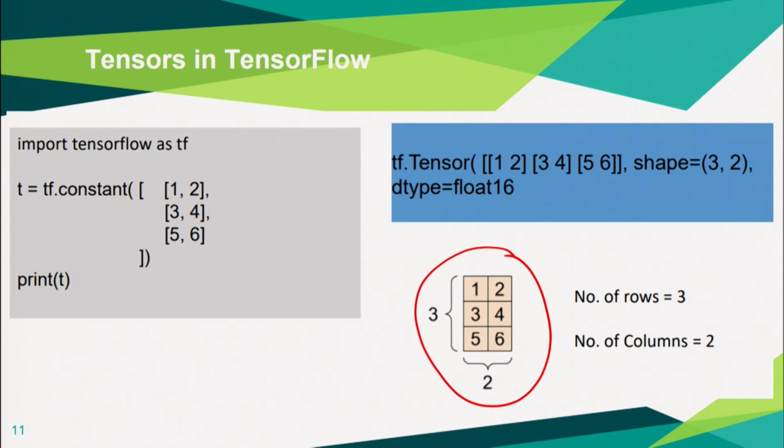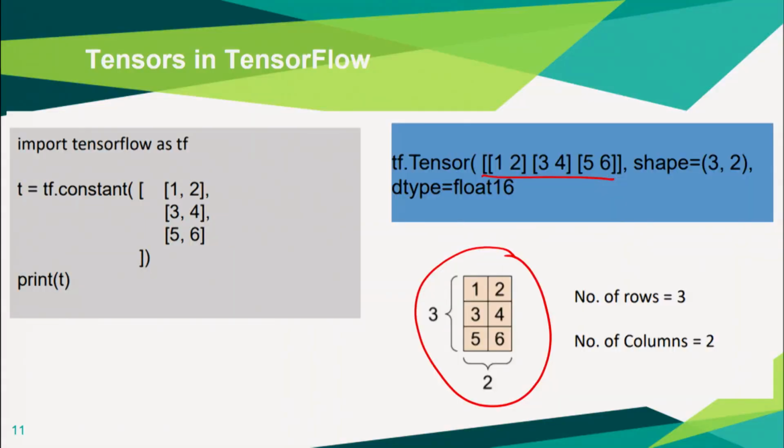Now, how to define this as a tensor in case of a Python library? How will we depict this? The data has to be taken in such a way. Within the square brackets we are mentioning that 3 rows are there and 2 columns are there. So, the shape defines the order of that particular matrix.